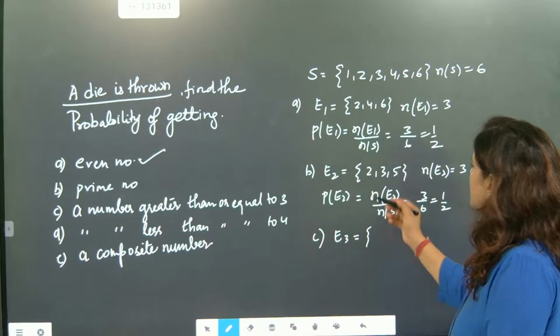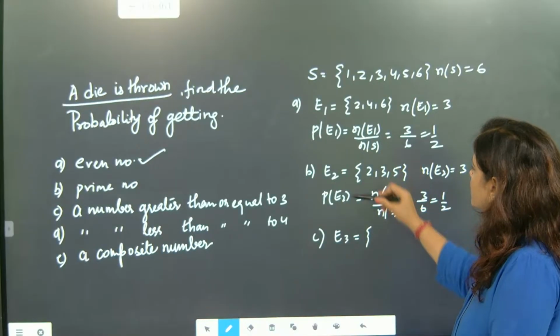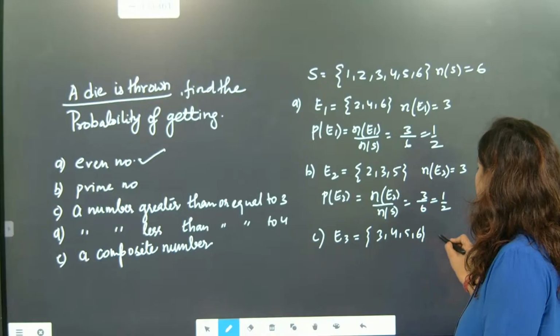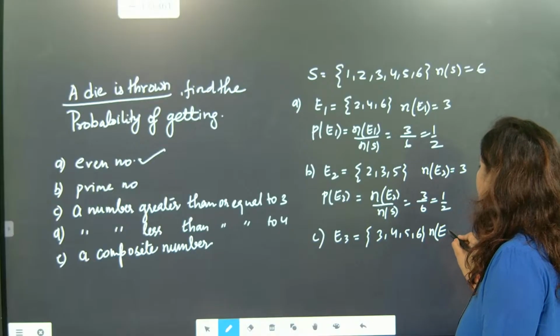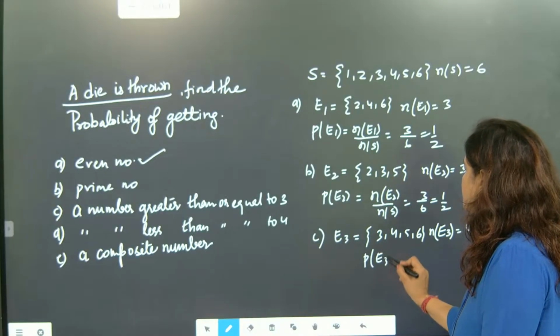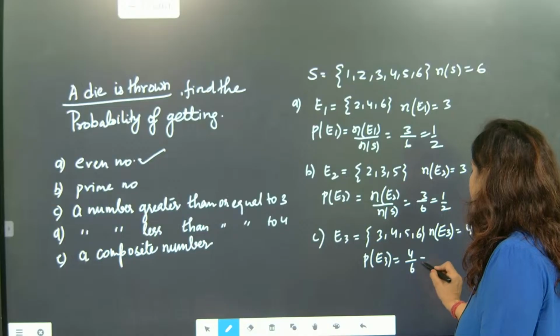Super. So now look here, beta. The third event is the numbers 3, 4, 5, 6. So the number of elements in event E3 is 4. So probability of getting this event is 4 by 6, that is 2 by 3.